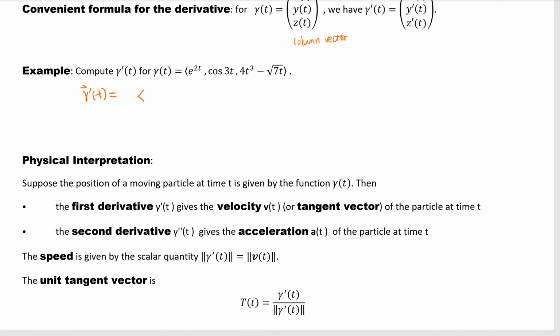So gamma prime of t equals: we take the derivative of e to the 2t, the derivative of cosine 3t, and the derivative of 4t cubed minus square root of 7 times square root of t. It's better to separate into the coefficients and the powers of t. Here I want to remind you of the differentiation rules.